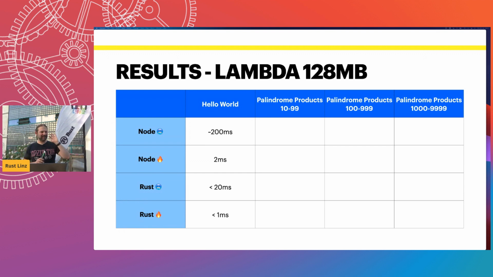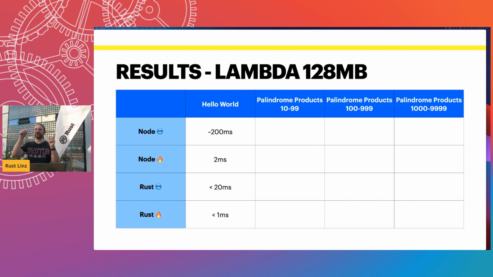All right. This is Hello World. This is not fun. This is not something that's in any way interesting. That's why I created a little benchmark program which is called Palindrome Products. What it does is that you take a range of numbers, let's say from 100 to 999. You create the combinations, like multiply 100 with 101, multiply 100 with 102, and do that with all possible combinations that exist, and then see if the product is the same forwards and backwards.